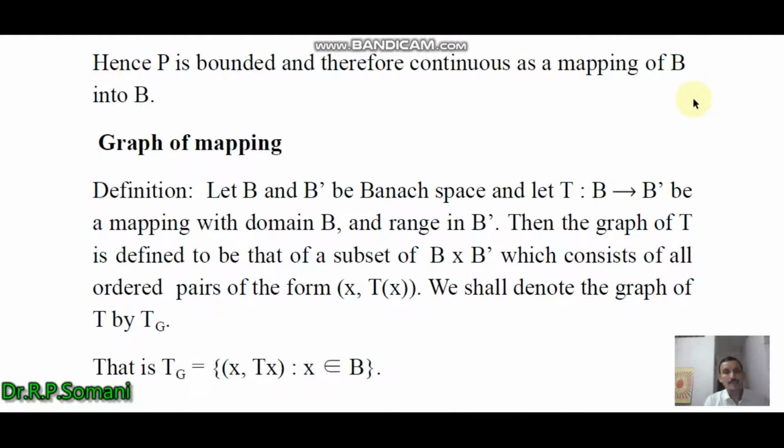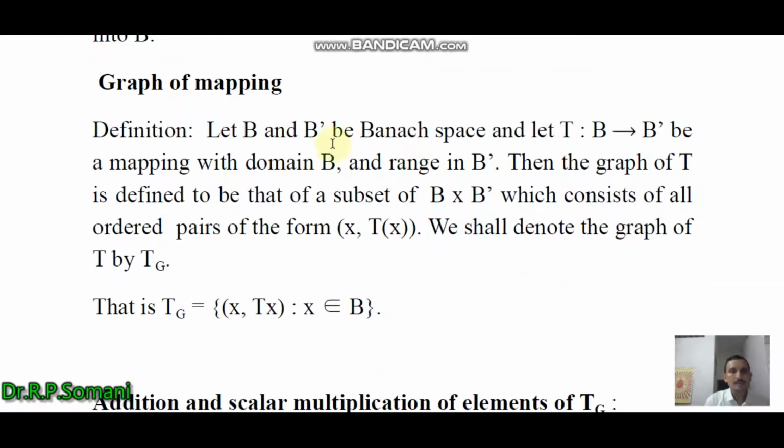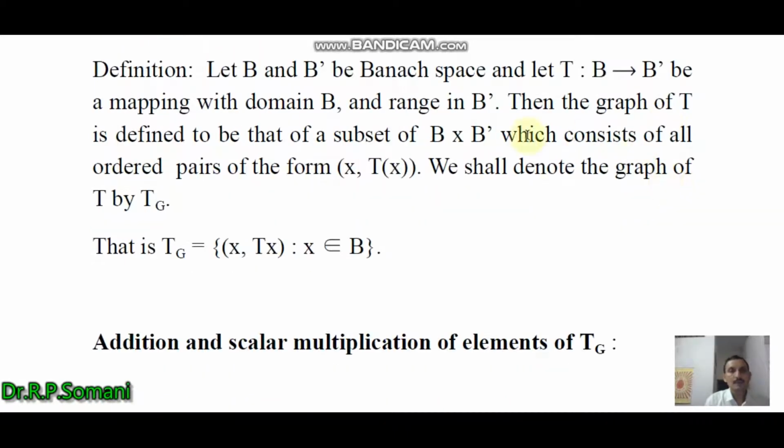Now in the second part we study the graph and the closed graph theorem. First we define the graph of a mapping. Let B and B dash be Banach spaces and let T from B to B dash be a mapping with domain B and range in B dash. Then the graph of T is defined to be the subset of B cross B dash consisting of all the ordered pairs of the form (x, Tx), and we denote the graph of T by Tg.